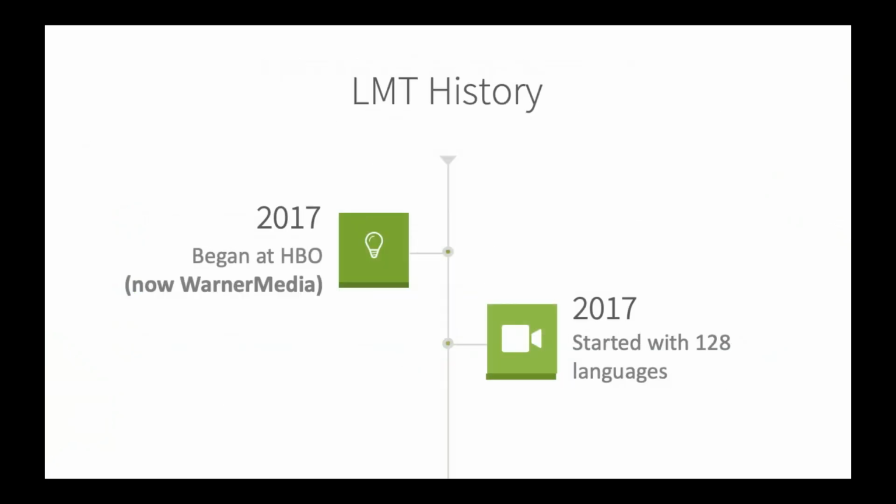As I said, this began back in 2017. It was work for HBO, which is now Warner Media. We were sitting around a room and found out that there are all these different flavors of Latin American Spanish: LAS, SPA-LA, LATAM Span, and in some cases just SP, but we always meant Latin American Spanish.